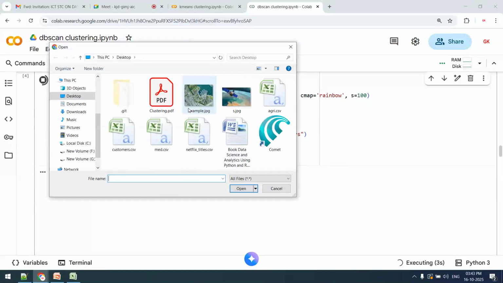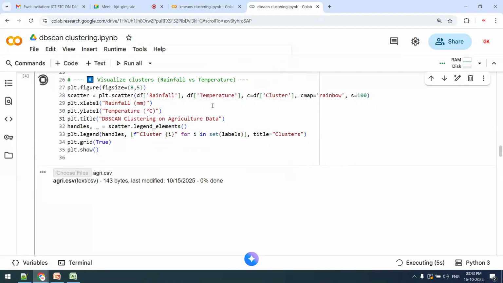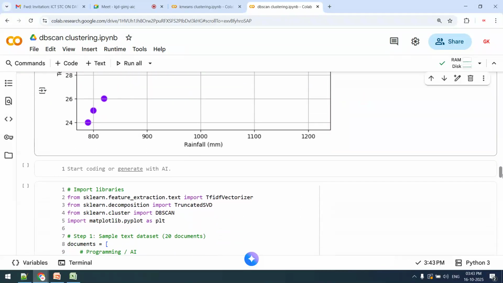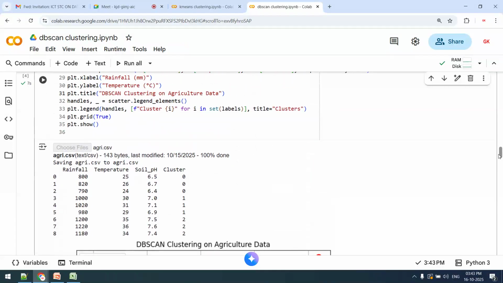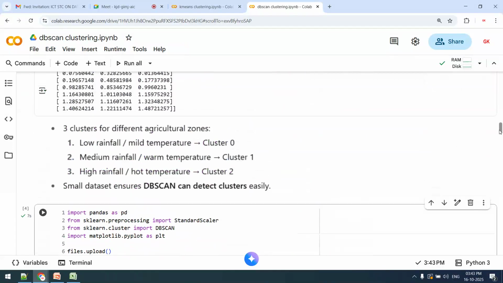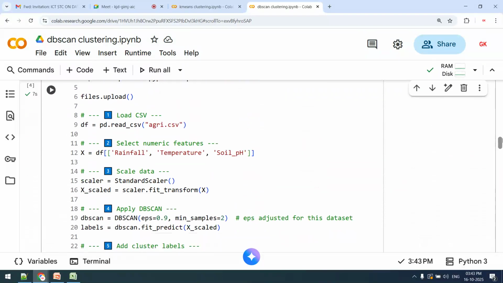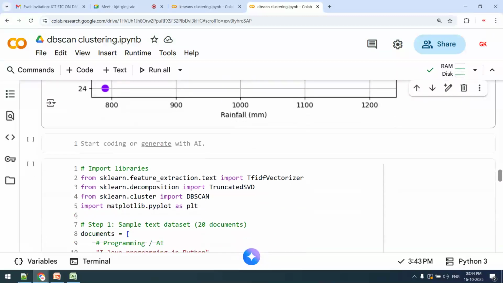These are the clusters on numeric data. So three clusters for different agriculture zones: low rainfall and mild temperature, cluster 0; medium rainfall, warm temperature, cluster 1; high rainfall, hot temperature, cluster 2.